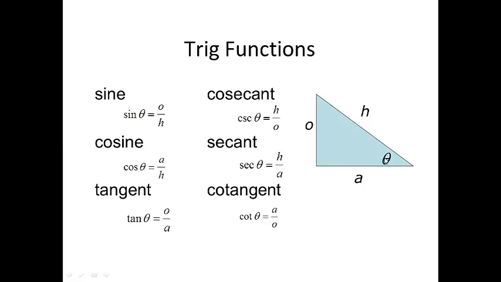So sine is opposite over hypotenuse, cosine is adjacent over hypotenuse, and tangent is opposite over adjacent. That's how we get SOHCAHTOA. Okay, and then you just have to remember that these are the reciprocals of those.